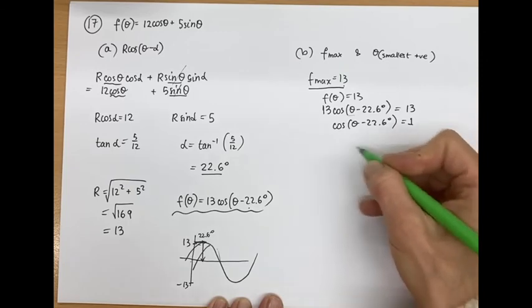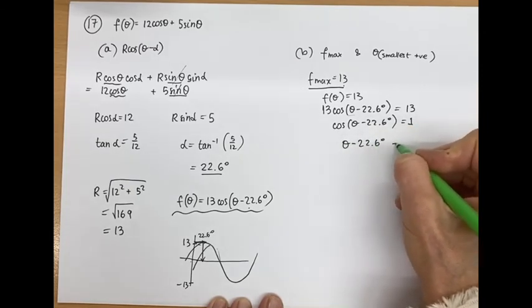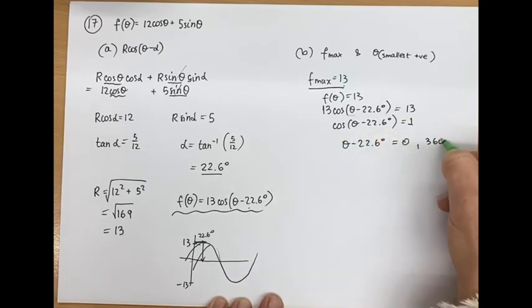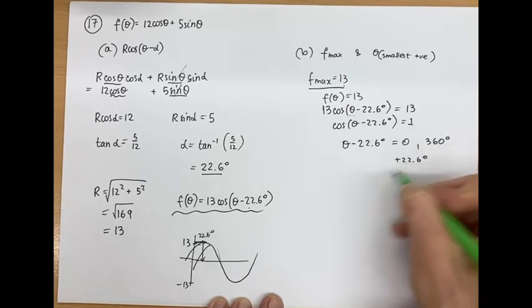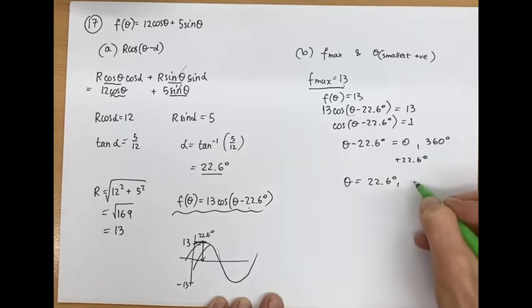And when is that equal to 1? Where theta minus 22.6 is going to be equal to, well, cos is 1 at 0 and then at 360 or minus 360. So you add 22.6 degrees to give you 22.6 degrees and then 382.6 degrees, but that's too big.